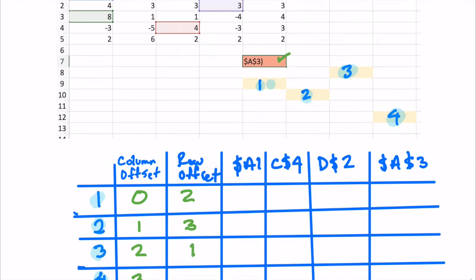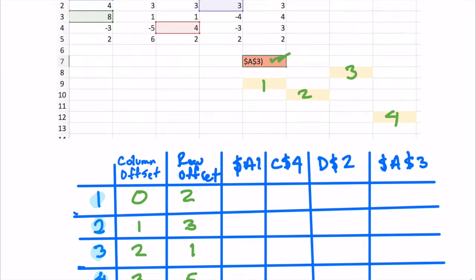You just go down by 1 relative to the starting cell. And for the last one, cell 4, you go down 1, 2, 3, 4, 5. So the row offset is 5 on that one.